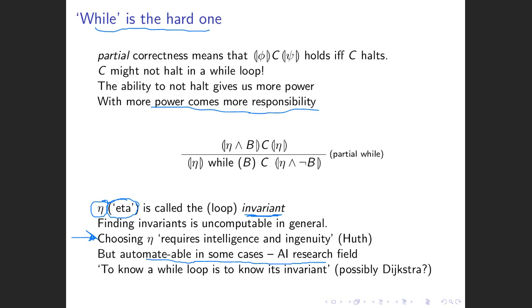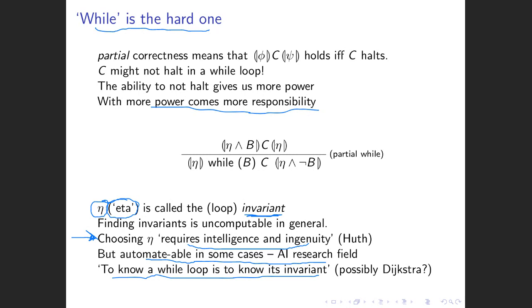But this is thinking outside the system to find out what eta actually is. It's hard to come up with an algorithm for doing this part. And someone, possibly Dijkstra, said to know a while loop is to know its invariant. This is the soul of the while loop.